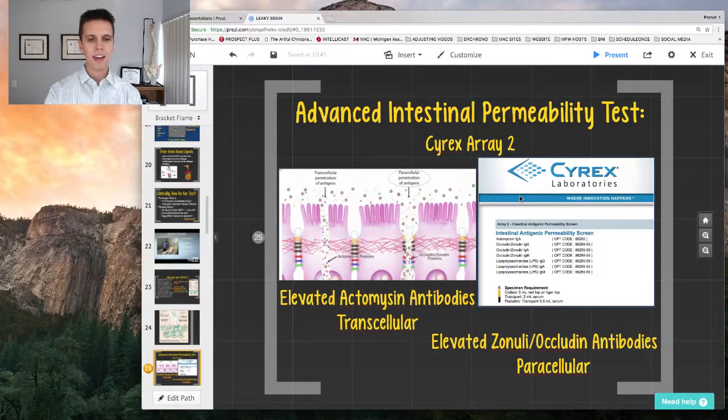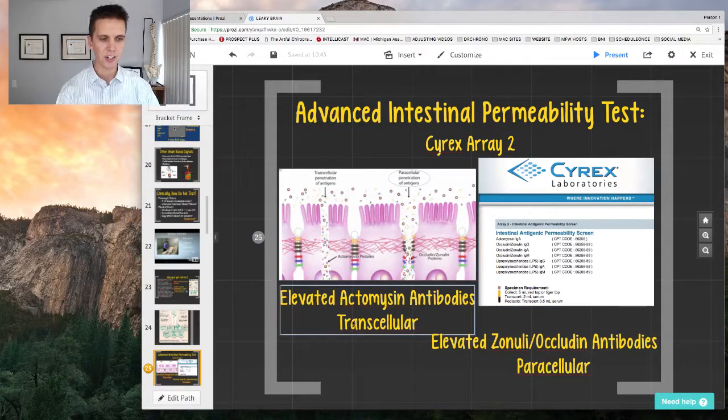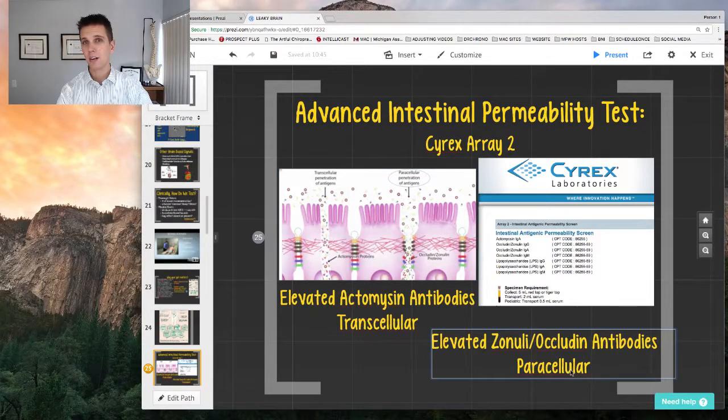Cyrex Array 2 goes through the presence of the two types of leaky gut, because one begets the other. There's a form called transcellular, and we would see elevated actomyosin antibodies in the transcellular leaky gut example. And on the paracellular leaky gut presentation, we would see elevated zonulin or occludin antibodies. So we can actually order those tests at the Michigan Family Wellness Clinic.